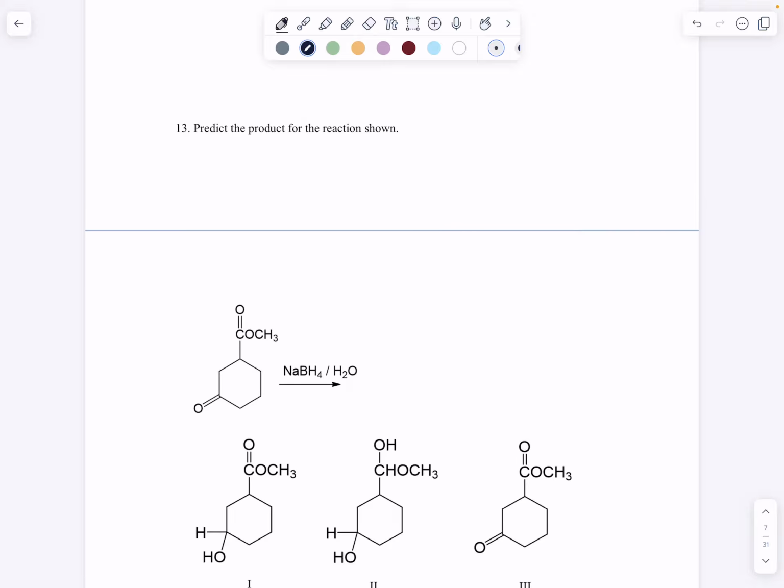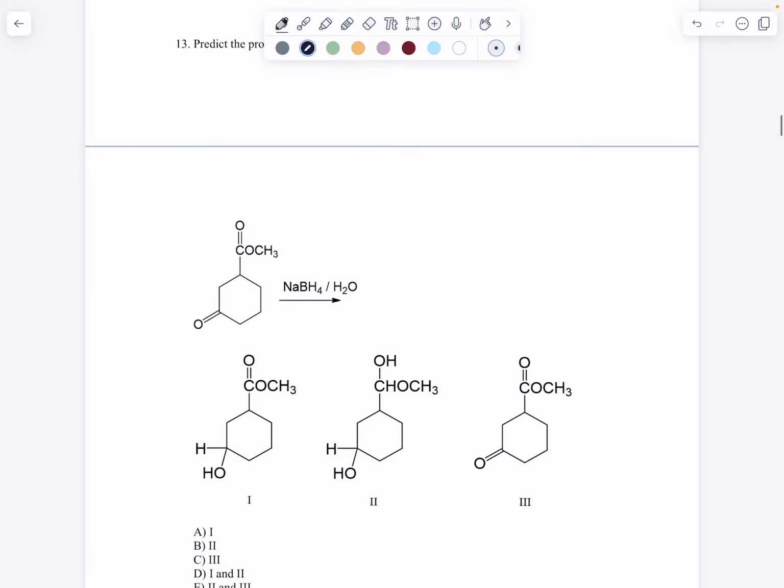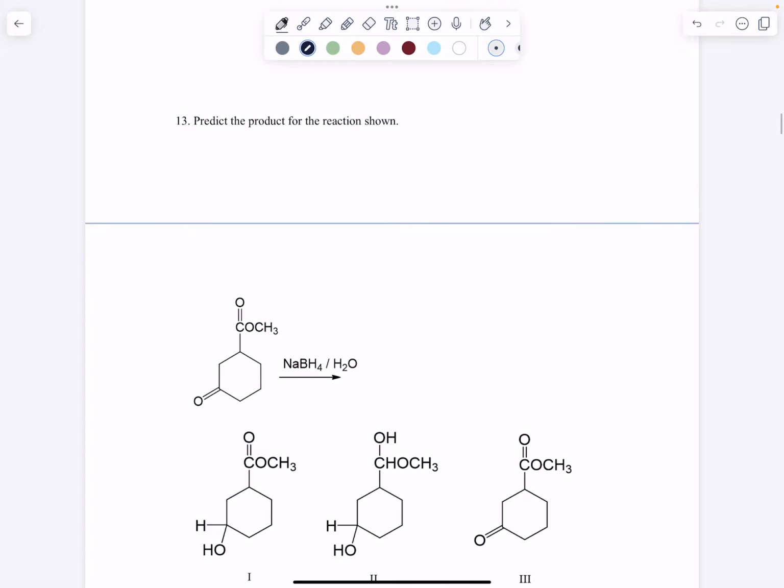Okay, next one. Predict the product for the reaction shown. NaBH4, okay, this is where I wanted to have this conversation. So if you think about lithium aluminum hydride, it has this, and this is negatively charged overall. And then boron has this.